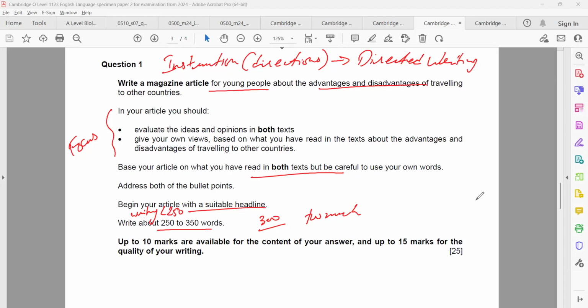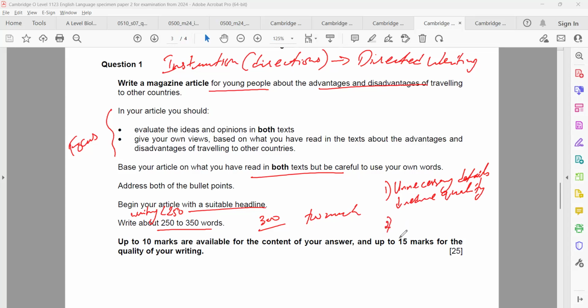If you go over 350 words, you'll be writing too much, and there are two issues with that. One is that you'll perhaps be writing unnecessary details, which will obviously reduce the quality of your writing.